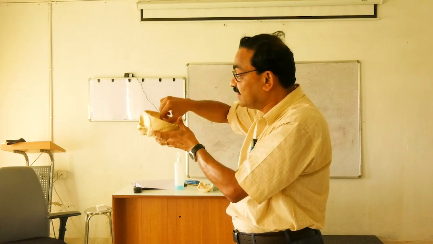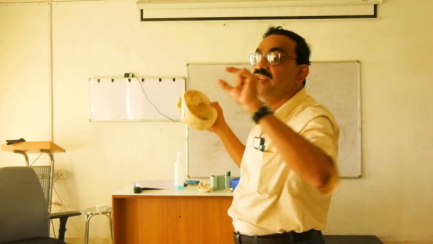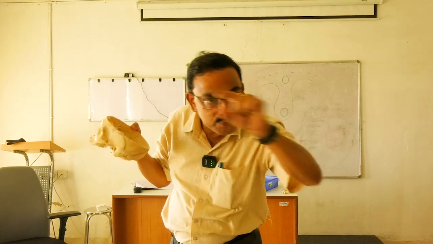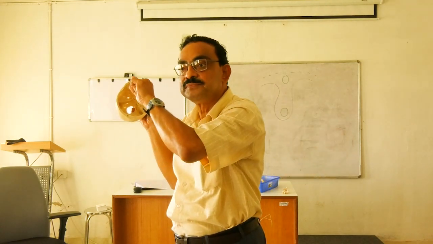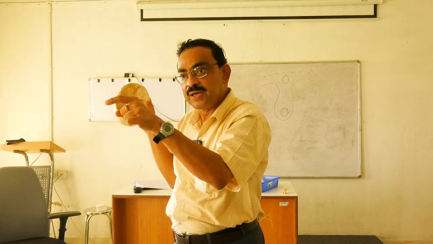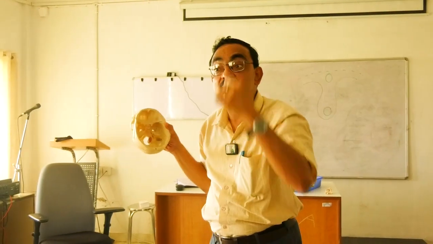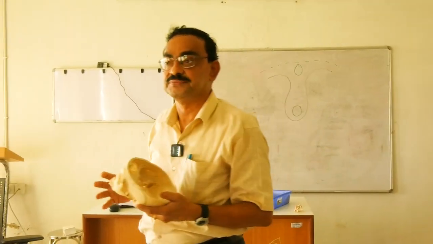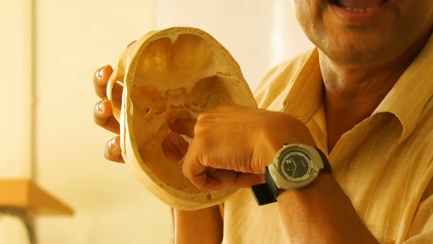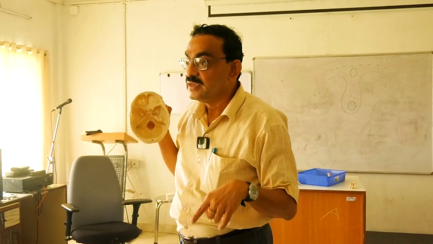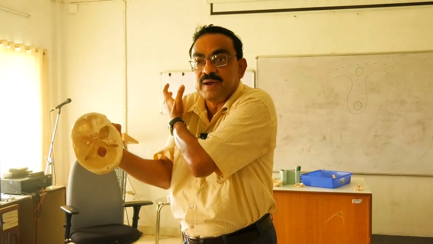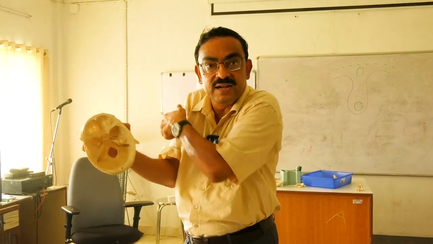Basiocciput. And these two parts actually remain separated, and in between we get one cartilage. Okay, and that is a joint. That joint is called the primary cartilaginous joint. And that joint actually gets ossified. We know the primary cartilaginous joint gets ossified, like the epiphysis and diaphysis, with the epiphyseal cartilage.